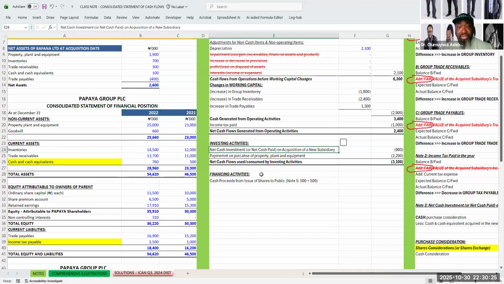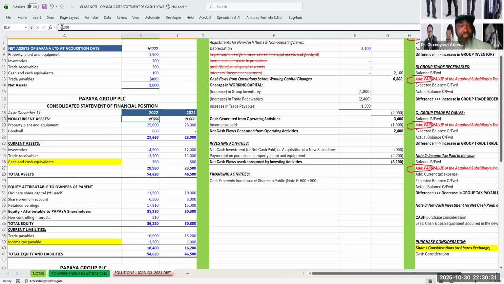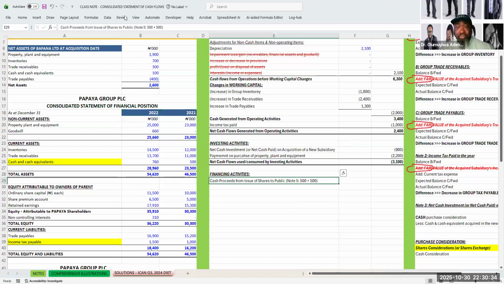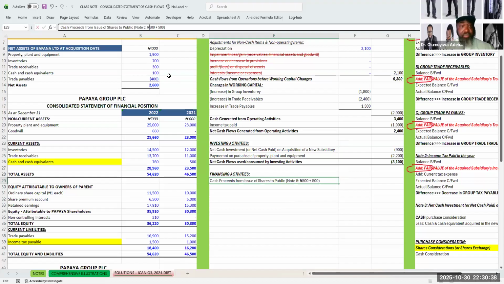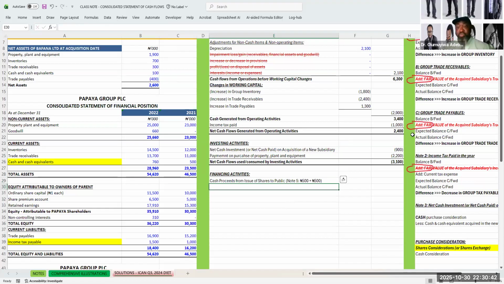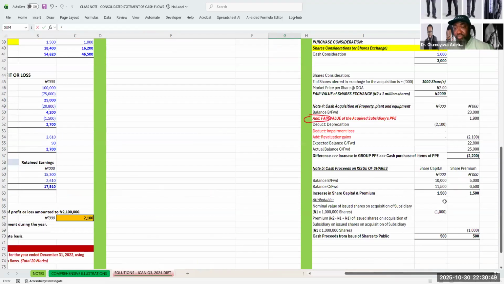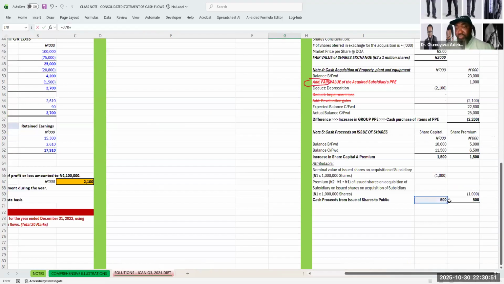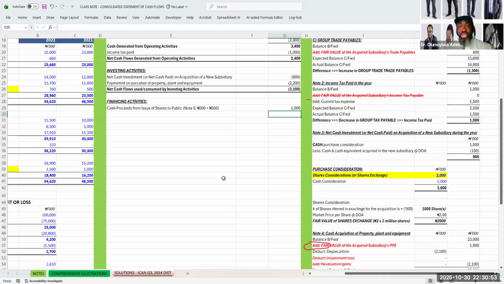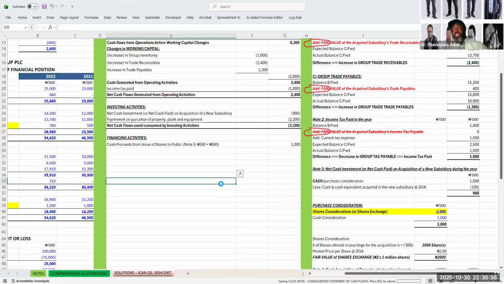And I can put it in naira. And that gives me my 1,000. Or you split it, as the case may be.